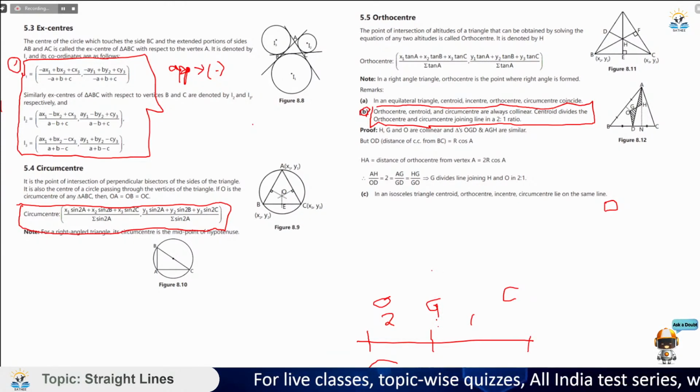All should always lie on the same line. Here is the proof of OGC, a very easy proof, nothing to worry about.